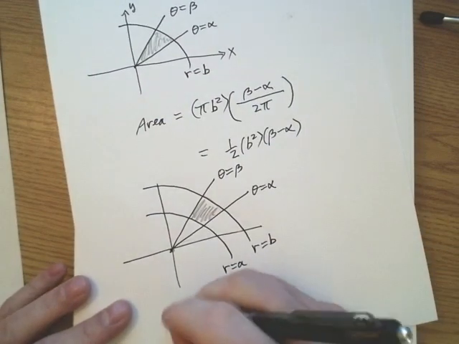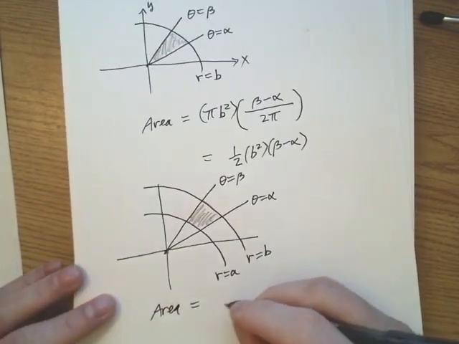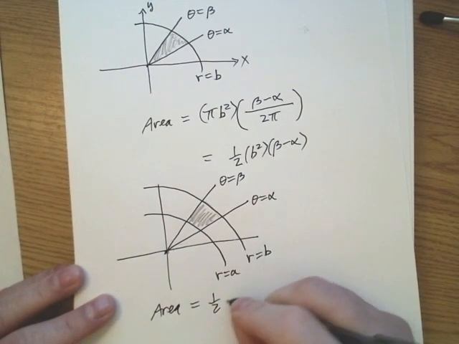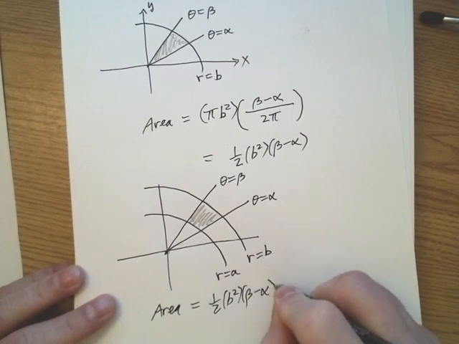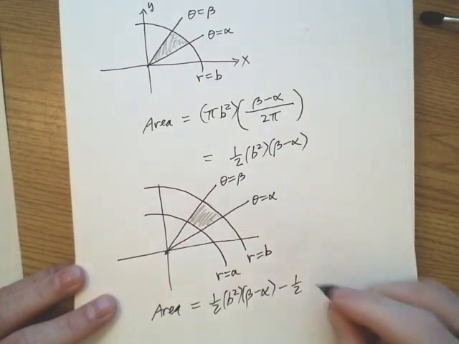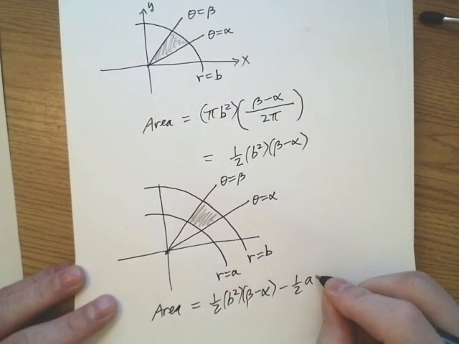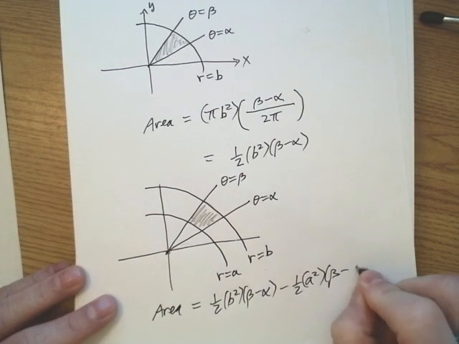So the area here would be, let's see, 1/2 the big pie slice, PIE, not PI, right? And there's the area of the smaller pie slice there. That would be 1/2 a squared times beta minus alpha.